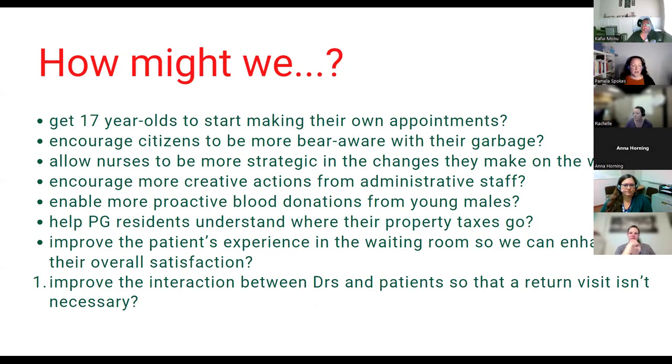So that's a problem they're dealing with. And how might we help Prince George residents understand where their property taxes go? If people are calling in and complaining like there's this problem and that problem, and I pay you all this money, right? This is an issue that might be taken on at City Hall. And how might we improve the patient's experience in the waiting room?